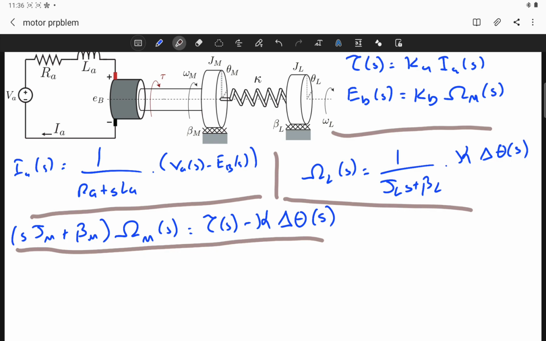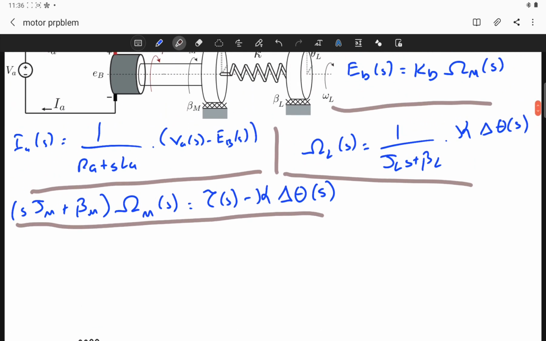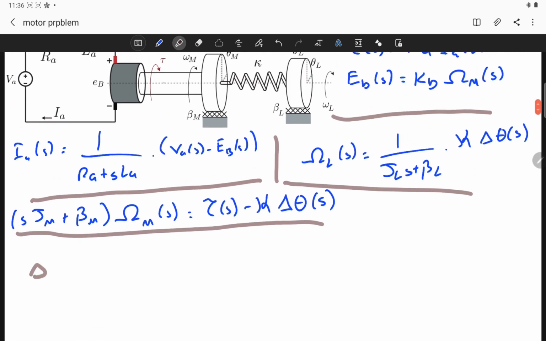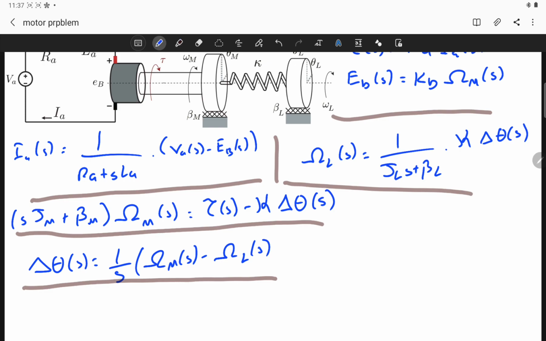Instead, I will use this fact: delta theta(s) is equal to the integral of the difference between the angular velocities, so it is equal to 1 over s times (omega_M(s) minus omega_L(s)). So I will only use the integral of the difference between velocities.